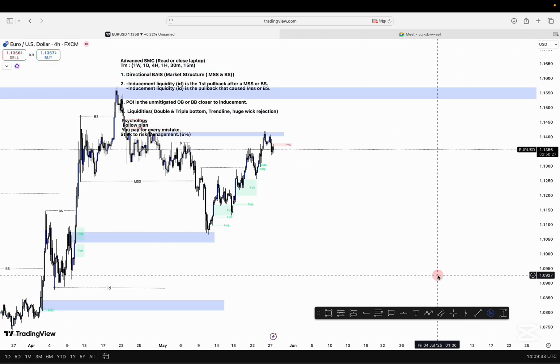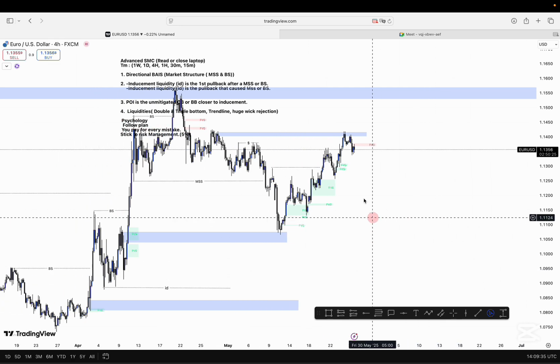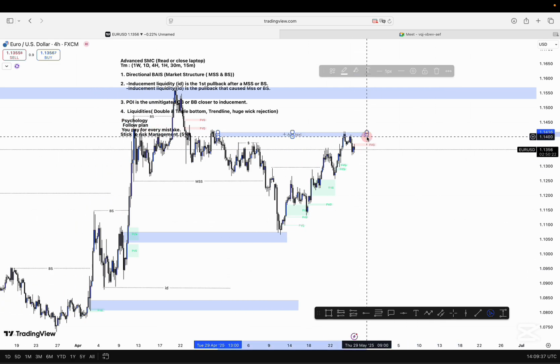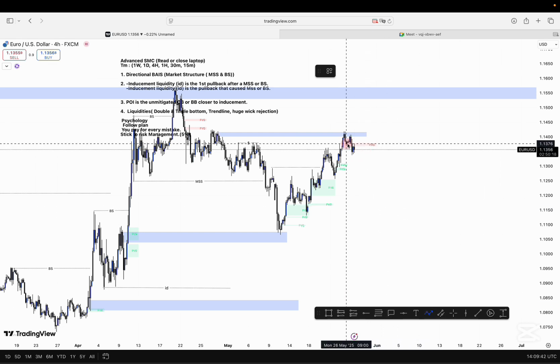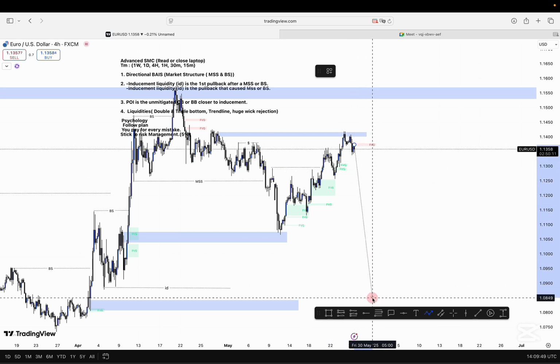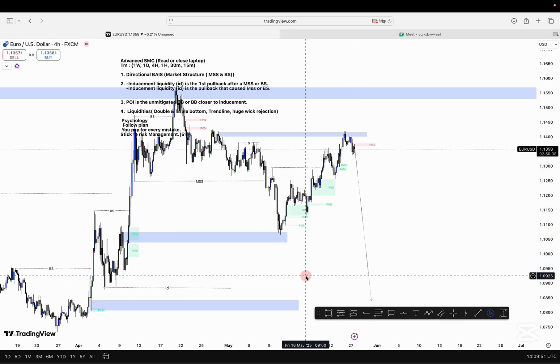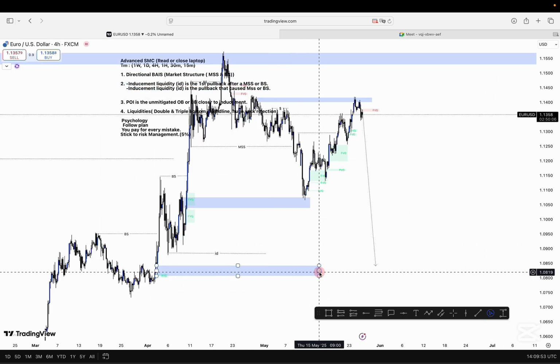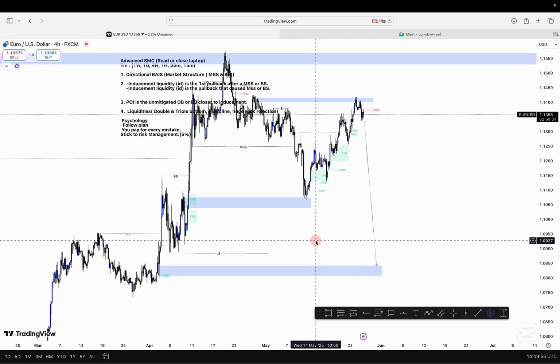So since we've been able to identify our order block, the only thing we will be concerned about is looking forward to see market structure shift at this zone, and it has actually happened. We have a break of structure, and I will be expecting price to rally to this area. Rally here.